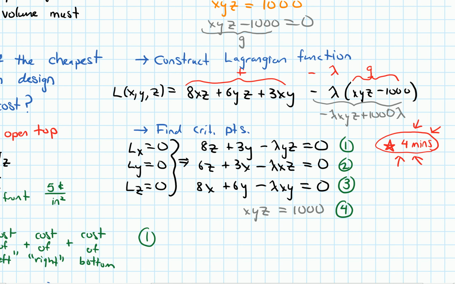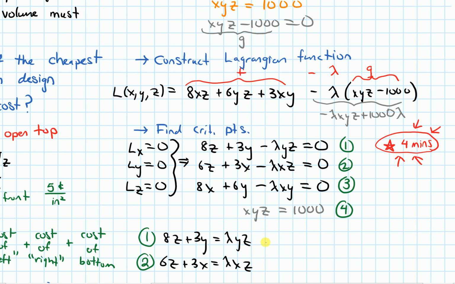So I'll rewrite the first equation as 8z plus 3y equals lambda yz. I'm going to do the same thing in the second equation and move the lambda term over to get 6z plus 3x equals lambda xz.